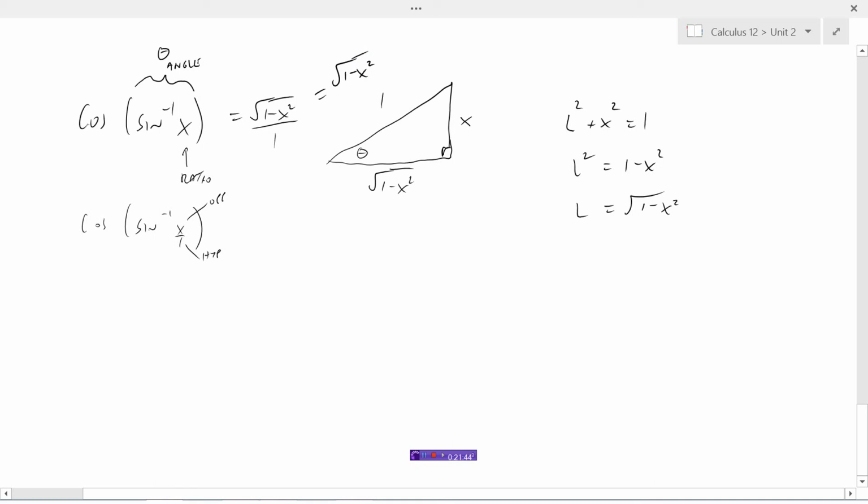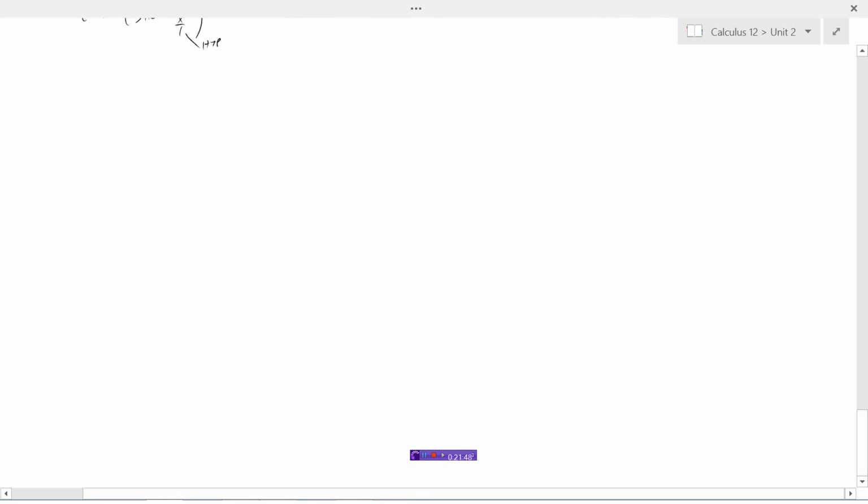Let's look at another one of those. How about we do, well, we can make up any one really. How about we do tan of inverse secant of x.